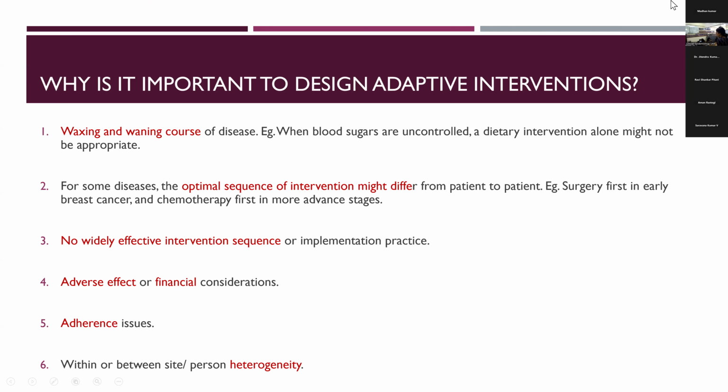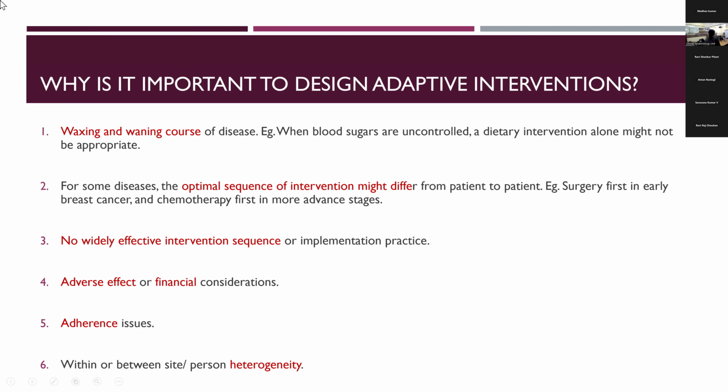Another scenario is if there are adverse effects or financial considerations of any one part of the treatment, and you want to see whether a less invasive or a more financially affordable treatment is feasible at the first stage. If there are adherence issues, of course, like if you're going to tell people with, say, autism to come for group therapy every day 20 kilometers away from your home, people are obviously not going to, maybe that is the standard of care for autism.